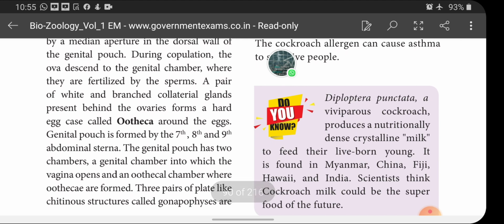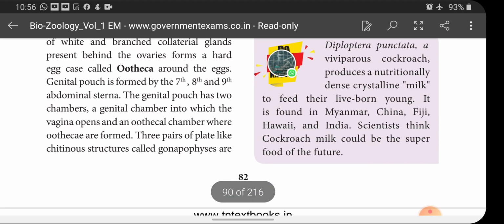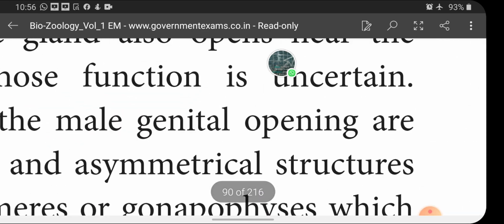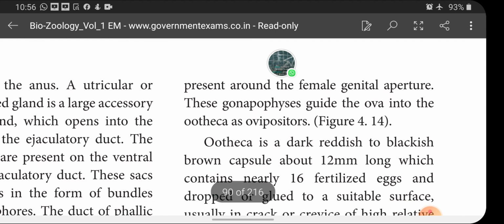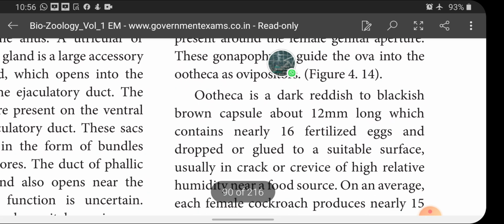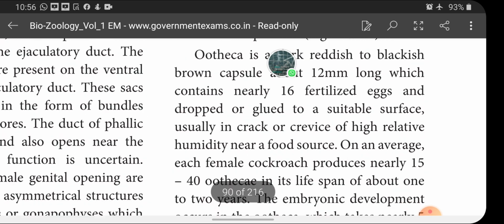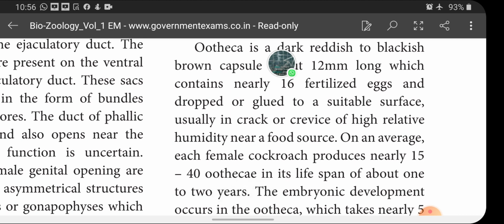It has 2 chambers, a genital chamber into which the vagina opens and an oothecal chamber where the ootheca is formed. 3 pairs of plate-like chitinous structures called gonapophyses are present around the female genital aperture. These gonapophyses guide the ova into the ootheca as oviposition occurs.